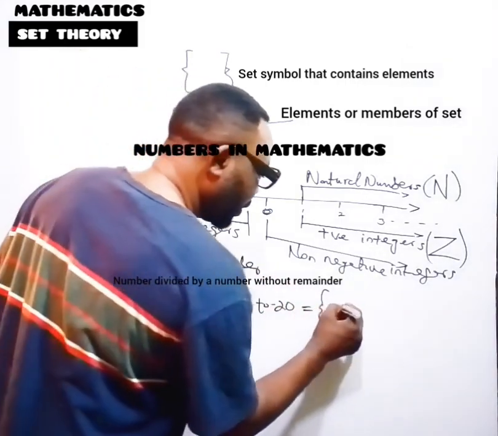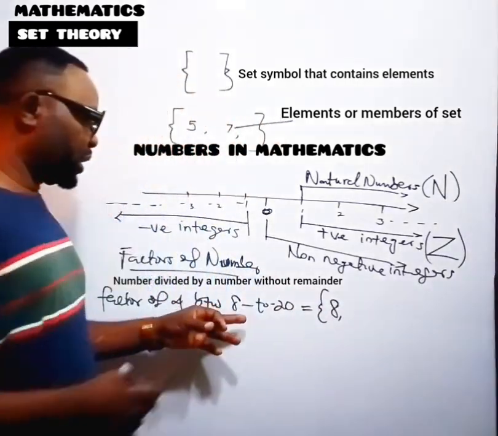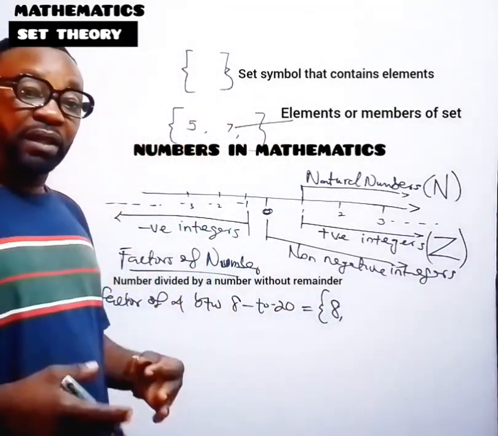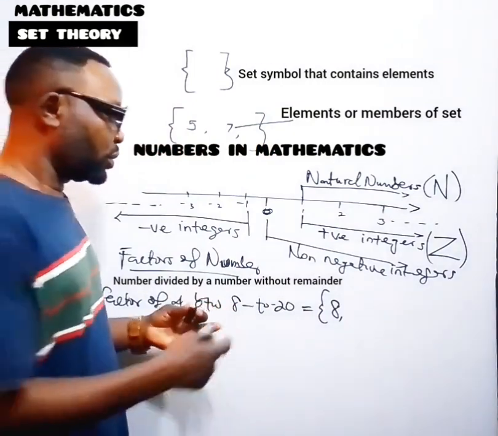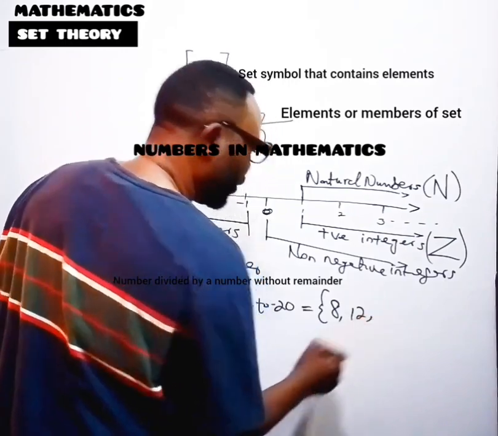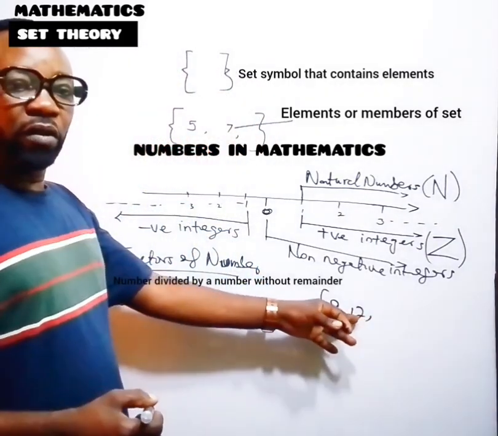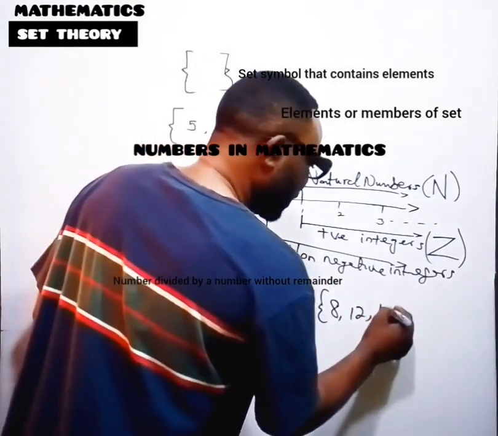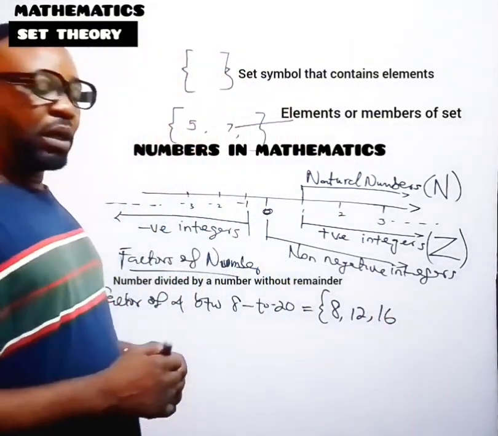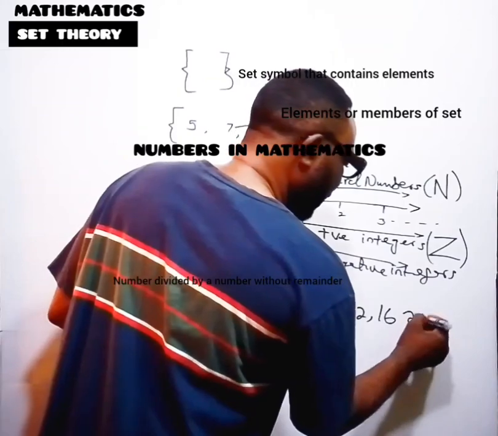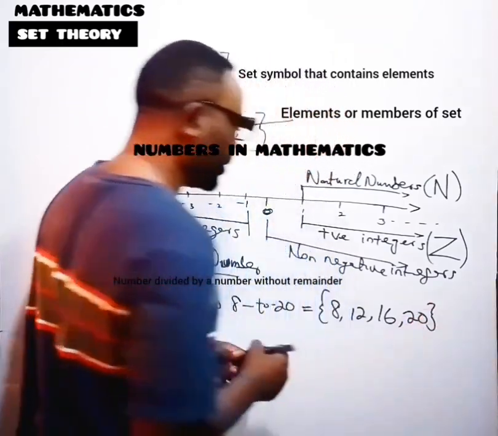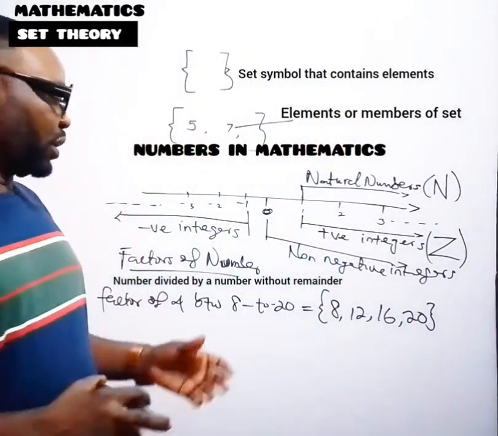That is the whole number. What else can be divided by 4? 9, 10, no. 11, no. 12. 12 can be divided by 4. What else? We have 16. 16 divided by 4 will give us 4. And the one we have again is 20. Those are the values that can be divided by 4 without remainder.